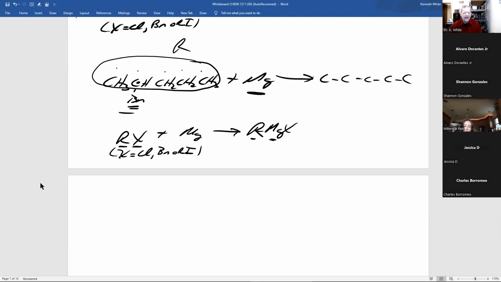Which carbon has the halogen? That one will have the magnesium bromide attached to it. There are 4 bonds to carbon. This counts as 1 bond. And there you go. That's the Grignard reagent you have.